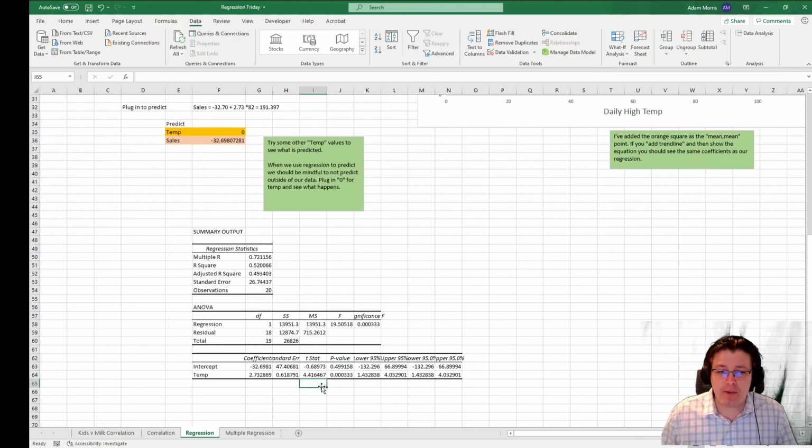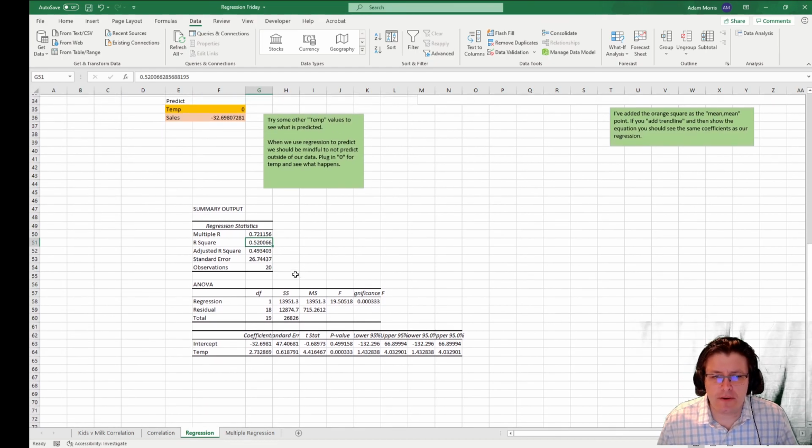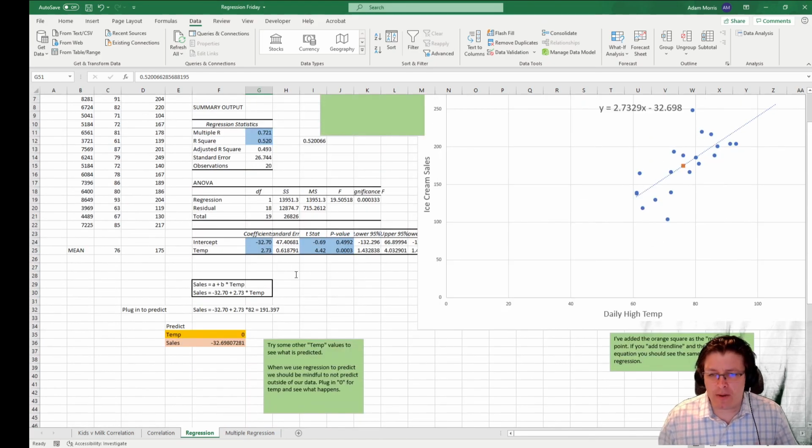So we have everything we need. We have the number of observations, and this is the R-square, and so on. We can talk more about how we interpret those later, but I want you to know that this is here for us.